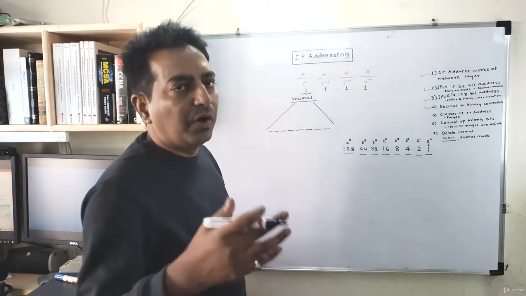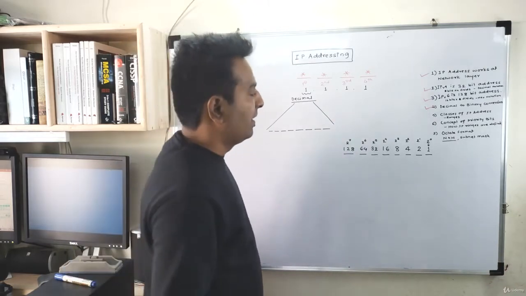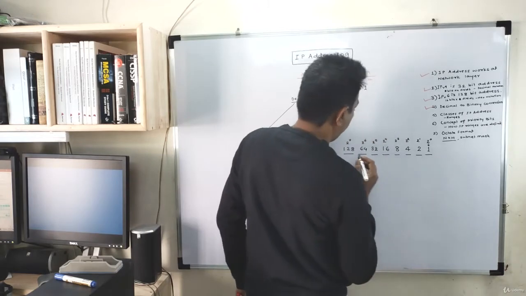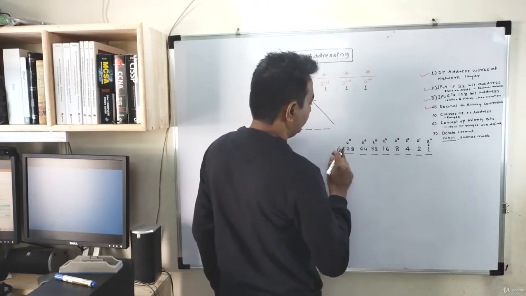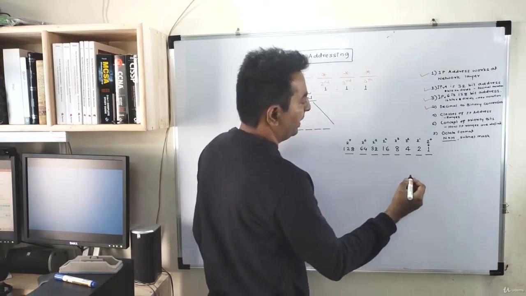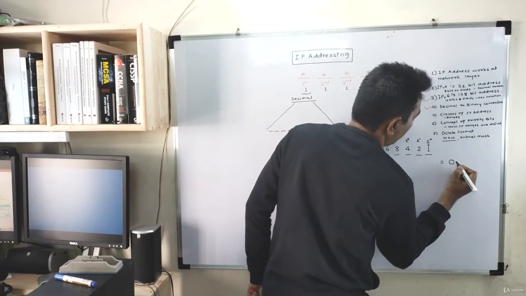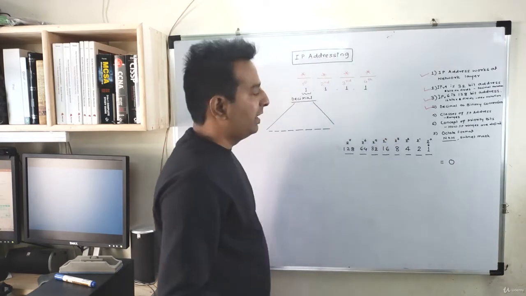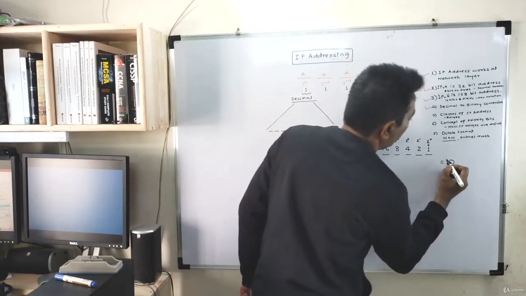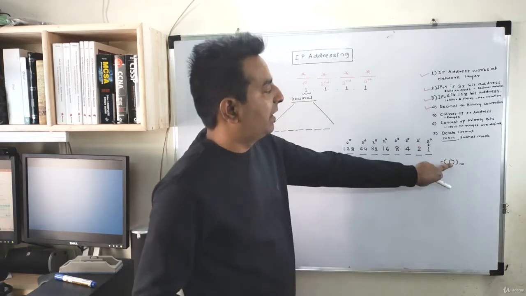So friends, why I have written this here is to help you understand how to convert a decimal number into binary. So consider I want to now translate the number 0 into binary format. So 0 to the base 10, I'm talking about a decimal number.